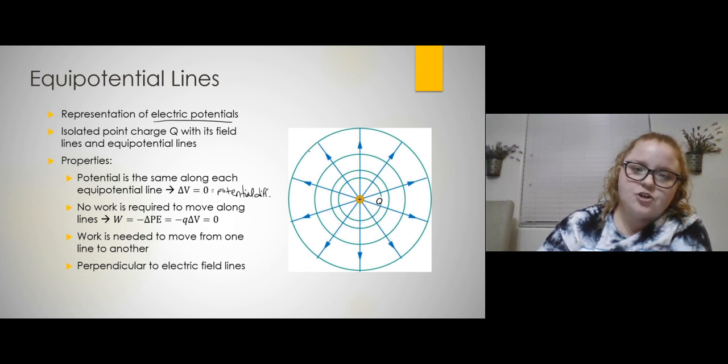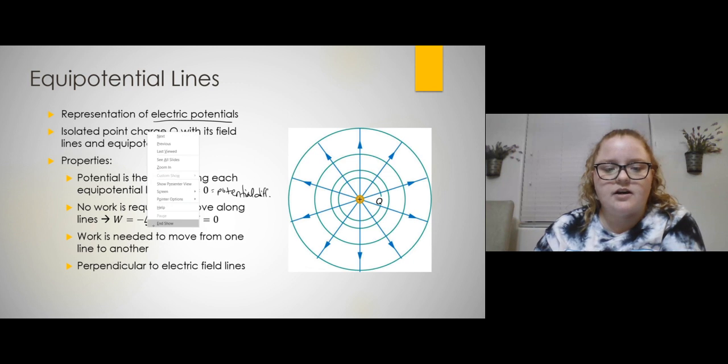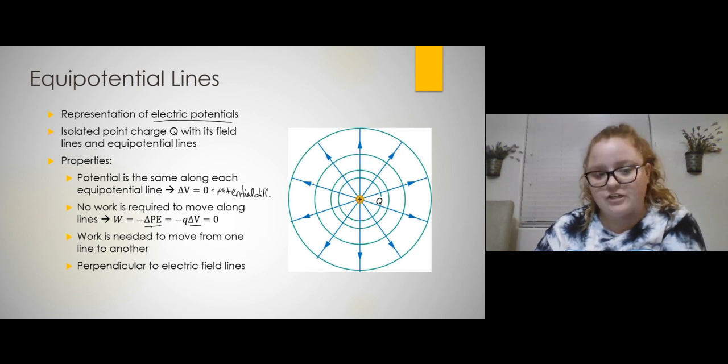Speaking of that, there is no work required to move along those lines. If I have an electron just moving along this line, no work is done, because there's no potential difference, and therefore we don't have a change in potential energy.